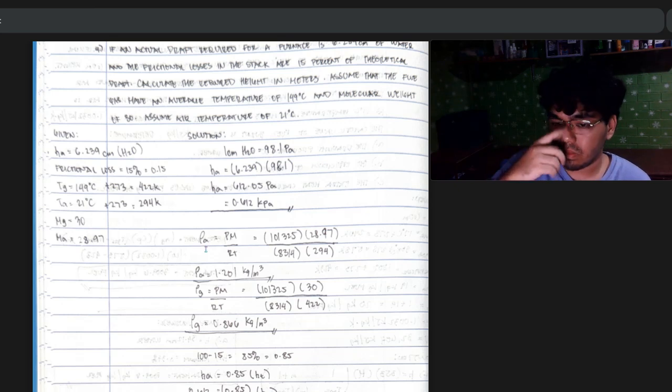Next, solve the density of air, which is equivalent to PM over RT.